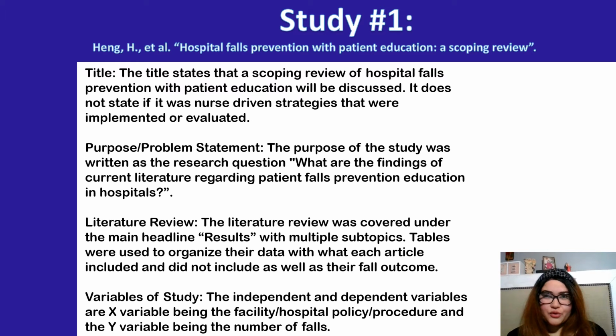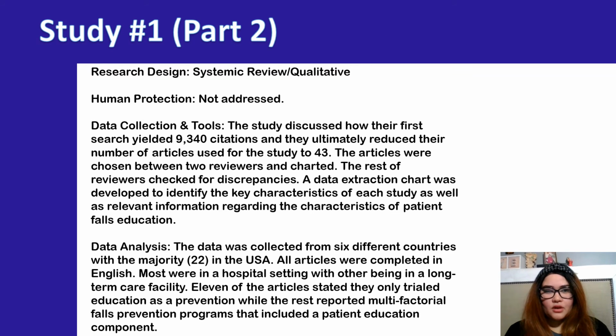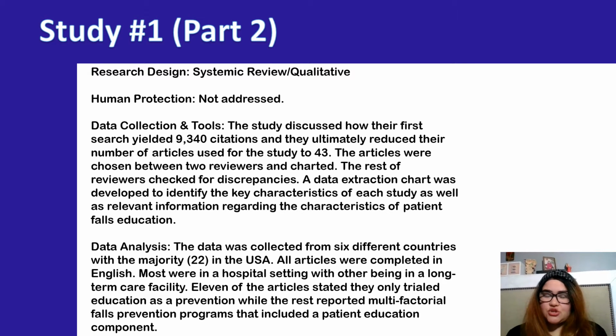Tables were used to organize their data, with each article that was included and not included, as well as their fall outcome. The X variable was the facility and hospital policy and procedures, and the Y variable was the number of falls. This research design was a systematic review, qualitative, and human protection was not discussed.